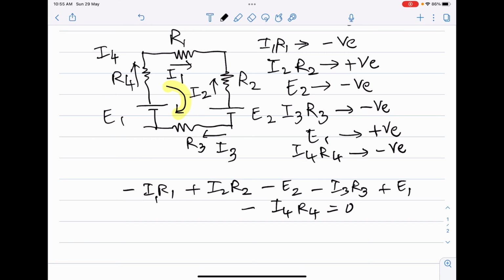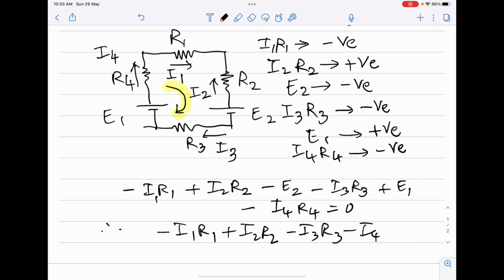Or we can write the same equation as minus I1 R1 plus I2 R2 minus I3 R3 minus I4 R4 is equal to E2 minus E1.